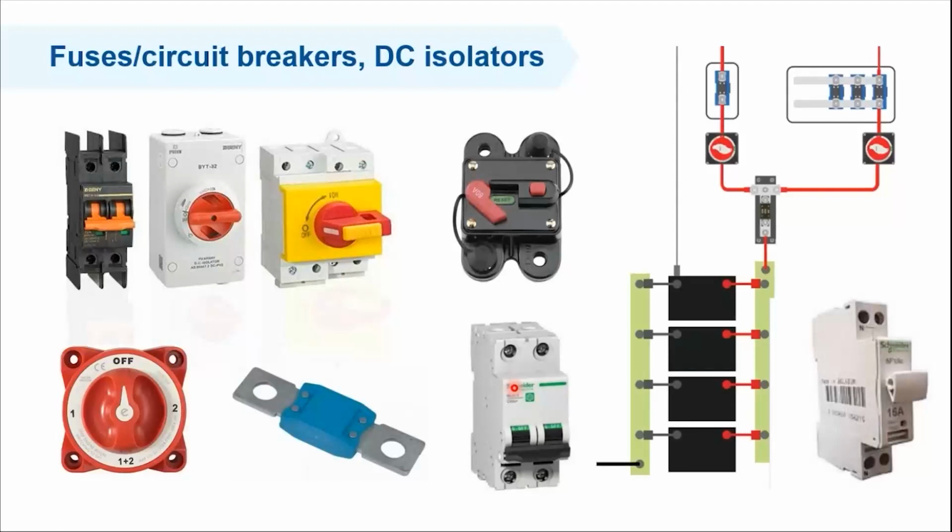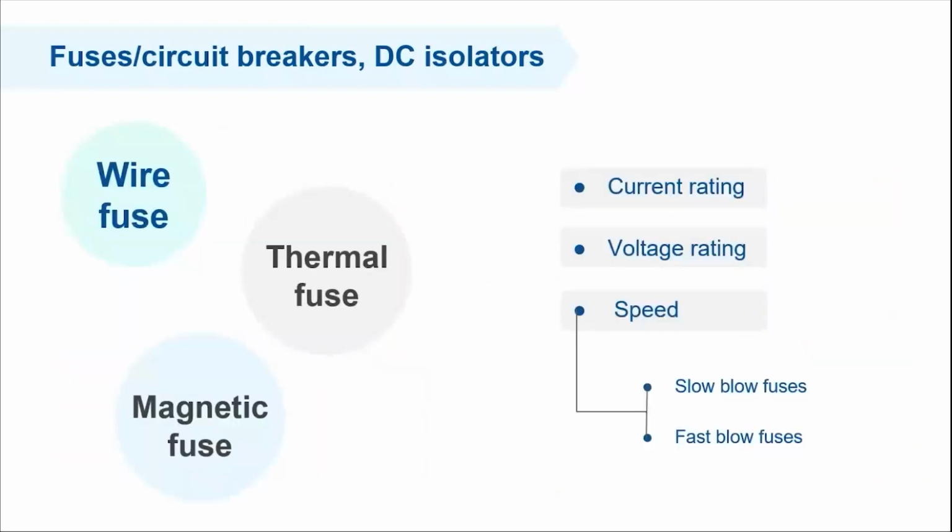So if you find a fuse or a circuit breaker that can tolerate the maximum calculated current and the voltage range that you have in your system, then it's the right switch to be applied, regardless of whether this is AC or DC. The difference is that you need to check the labeling and the ratings of the fuse to make sure that it's suitable for your specific application.